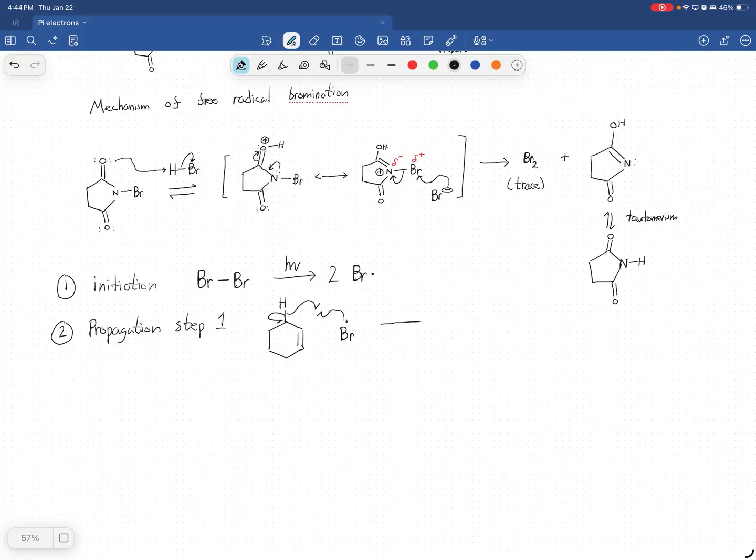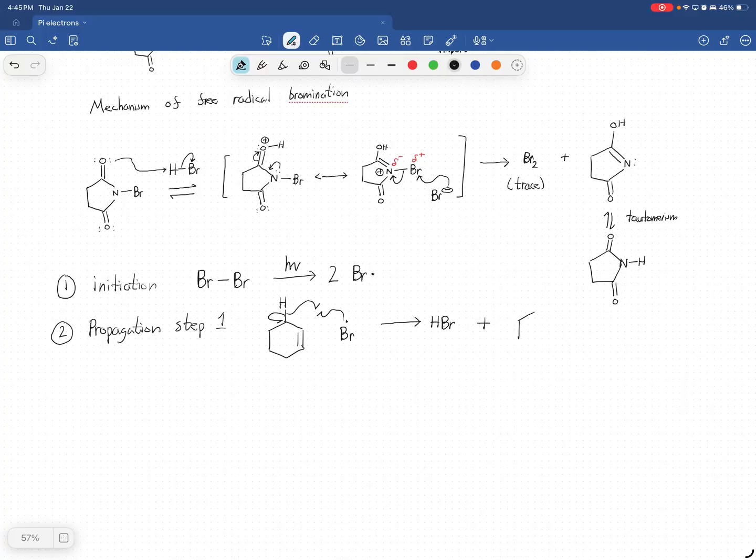So here you get HBr. So maybe the driving force actually is the formation of HBr, which can go backwards and regenerate the whole process again, okay? So I think that's the driving force.